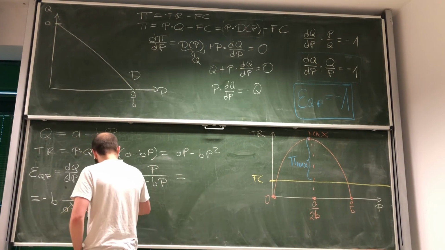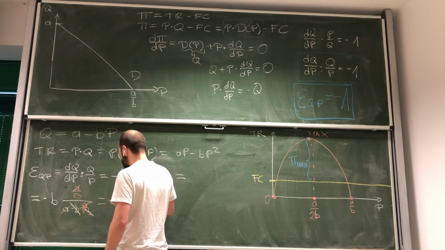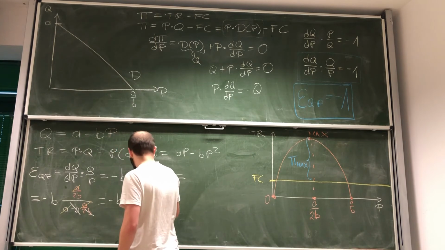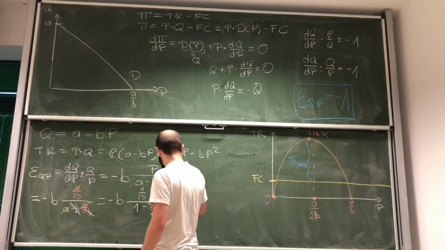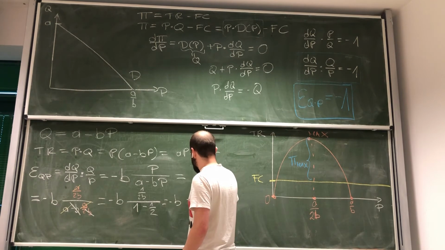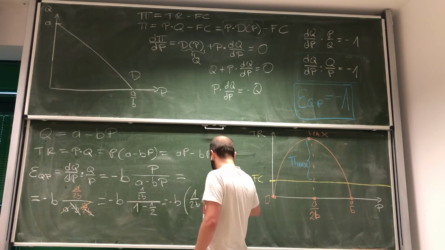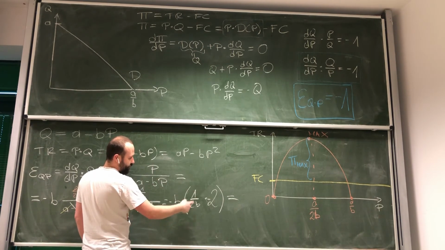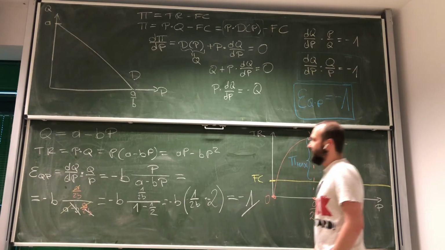So what do we get? We get that this is negative B times 1 over 2B times 1 minus 1 over 2, which gives us 1 over B times negative B. This is negative 1.